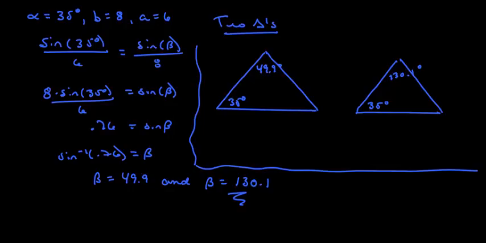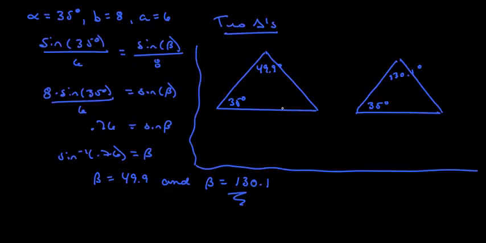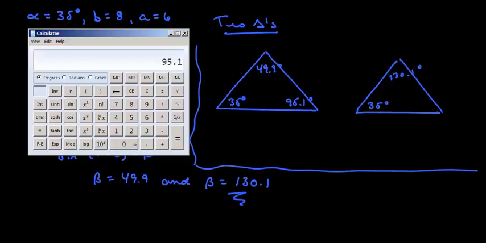So let's get our remaining angles. For triangle number 1, we'd have 180 minus 35 minus 49.9. So that gives me 95.1. Over here, on this triangle, we'd have 180 minus 130.1 minus 35, so 14.9.